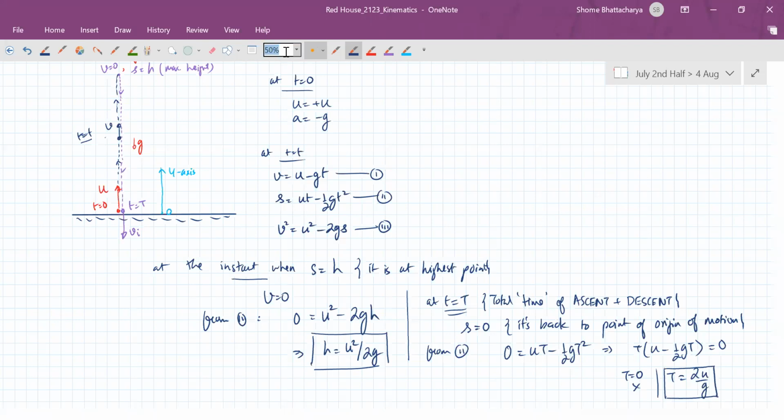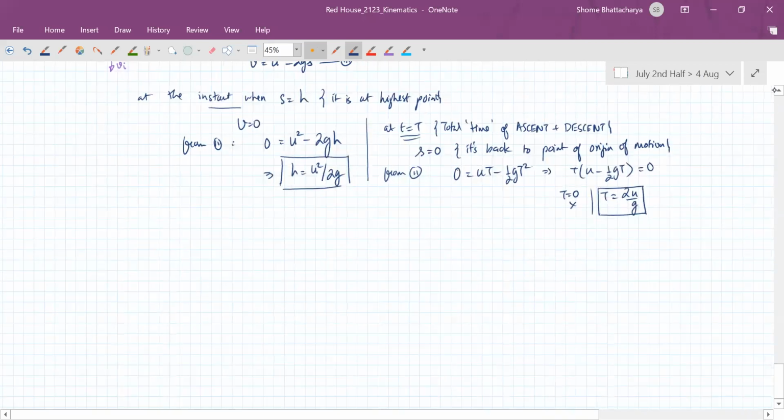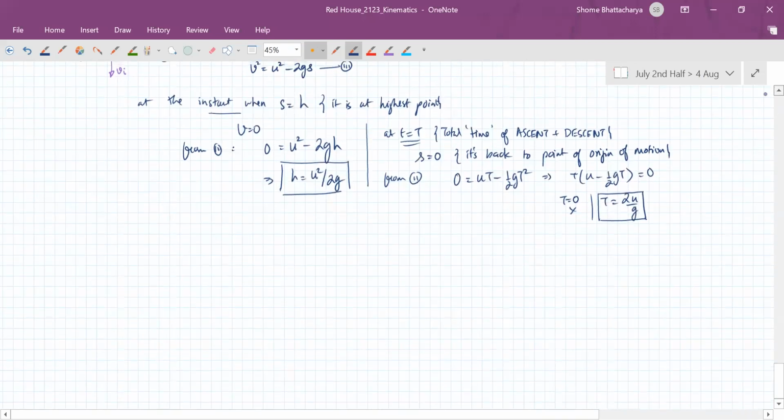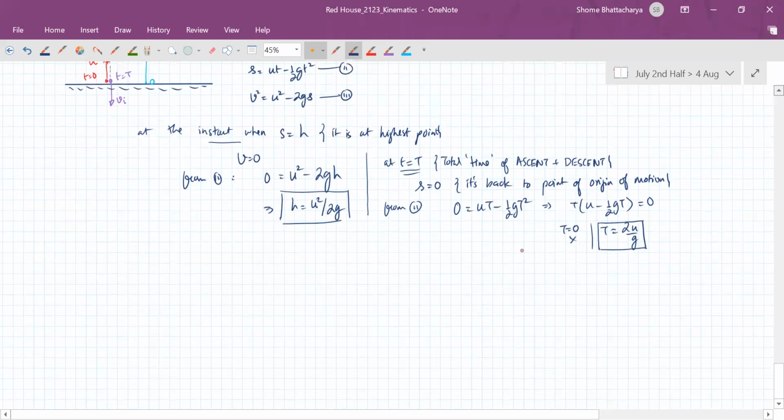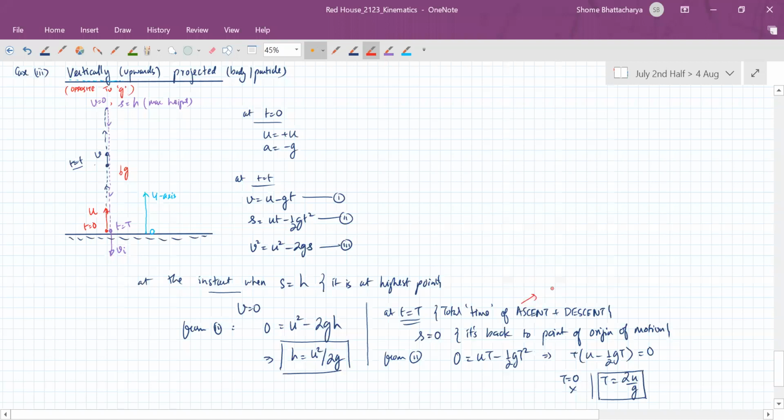In the language of vertical motion, sometimes you also call this the total time of flight. It's not like the object is flying. It's not an organic or living being that is flying in that sense, nor is it having any form of propulsion. It's simply moving under the action of gravity.